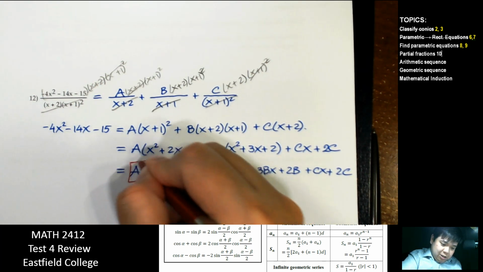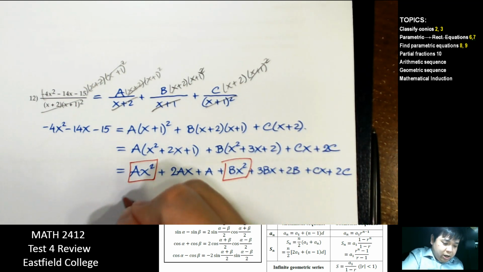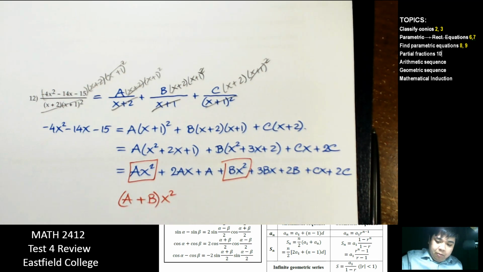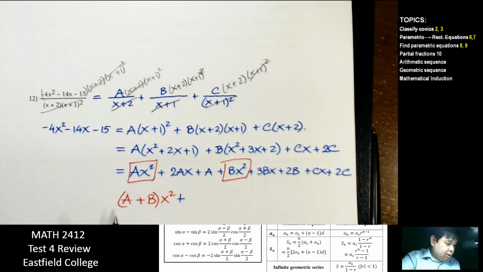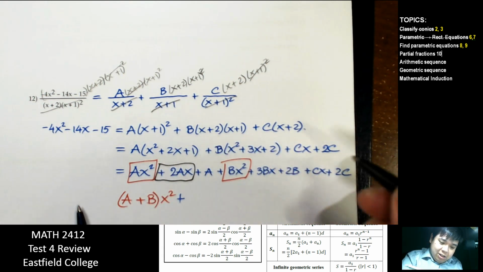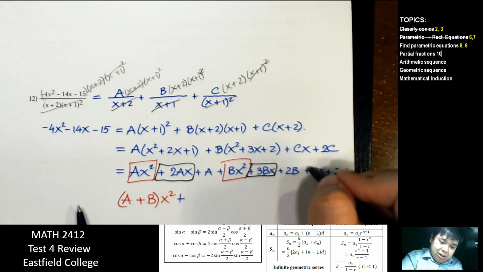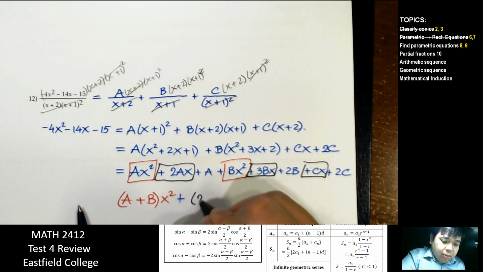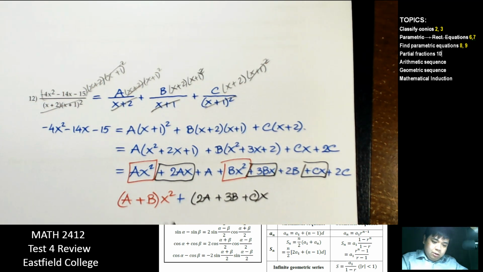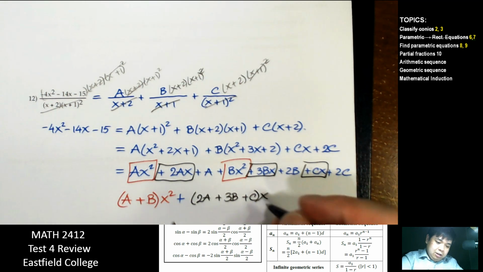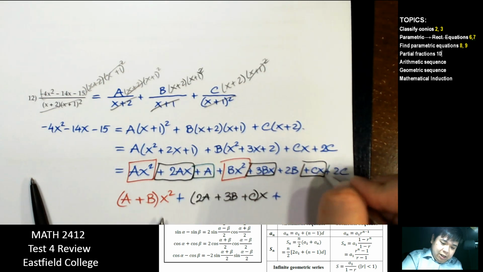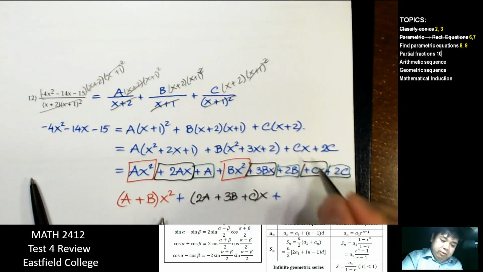This is square. That is the square. For the x's, 2ax, 3bx, and cx. And then we have a and 2c and 2b, of course.